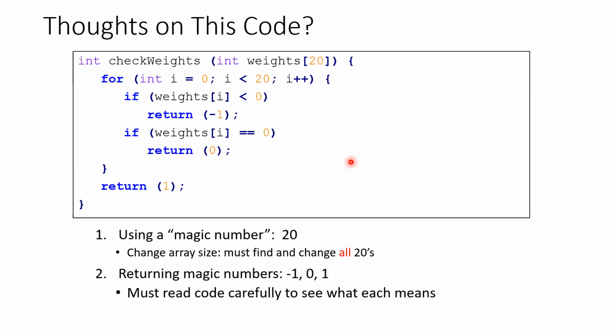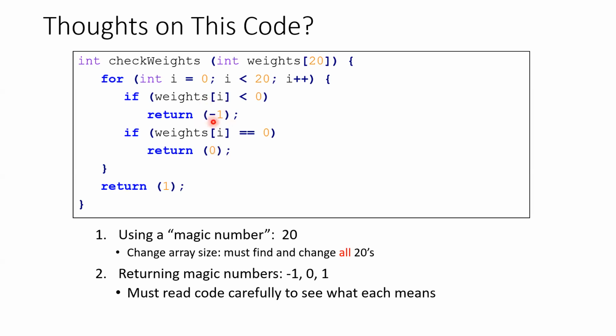And it's returning magic numbers -1, 0, and 1. So in this case, you must read through the code carefully to see what each one of those means. Like -1, if you read through the code, you see that it is returning -1 whenever it sees a value that's less than 0.